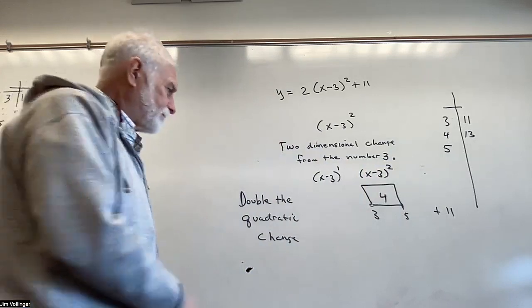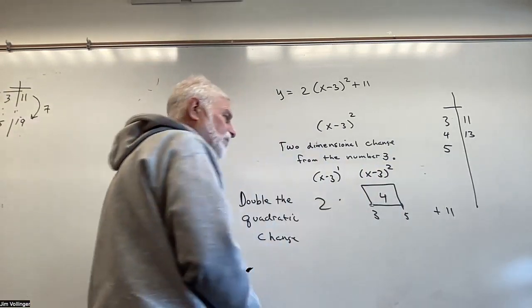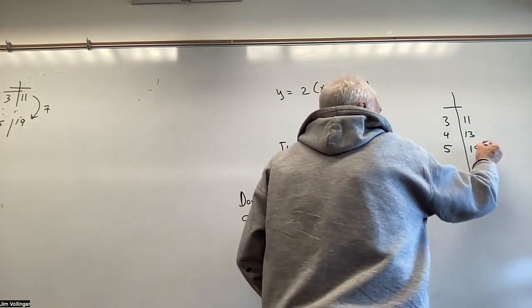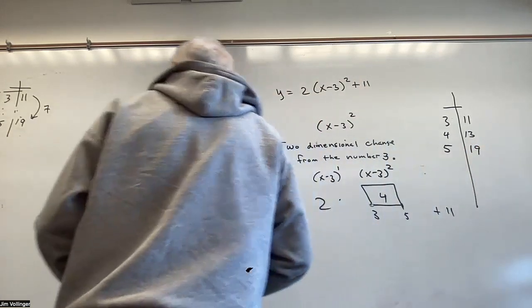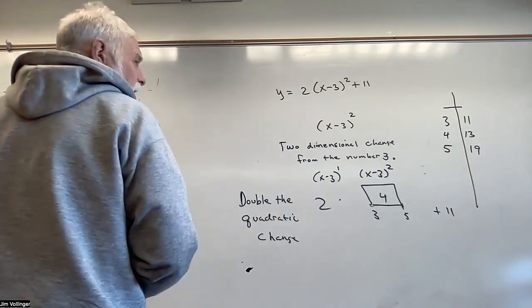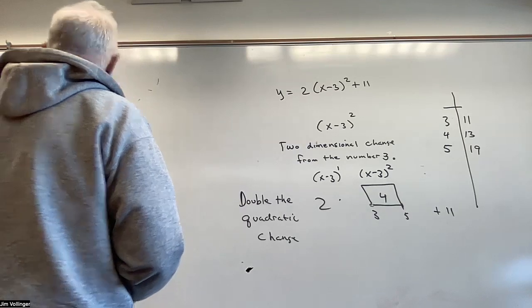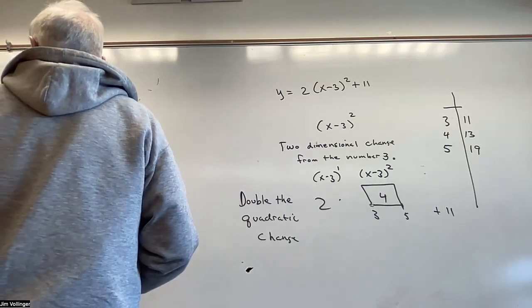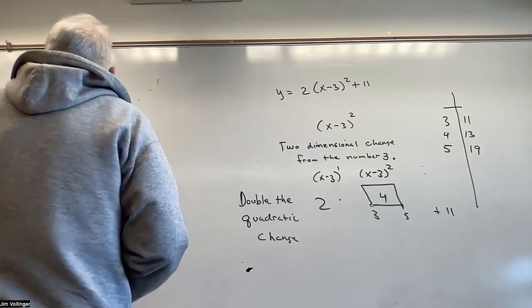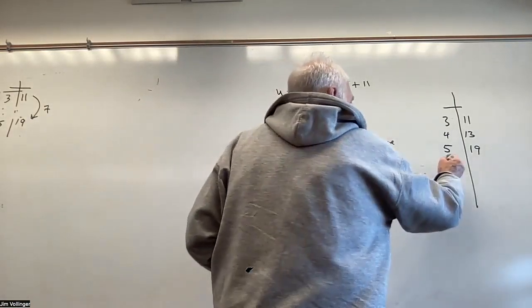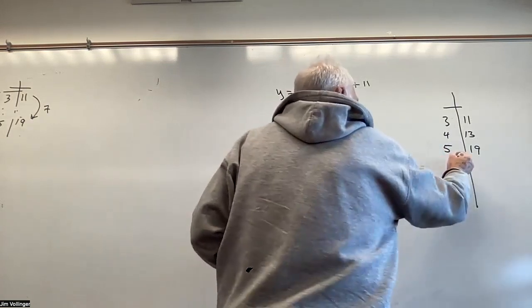And if we double that, we multiply it times 2, looks like we got 8 plus 11, it's 19. Now I did something stupid here. Oh, I changed, that's right. In order to make that happen, I doubled it. Okay, we're good.